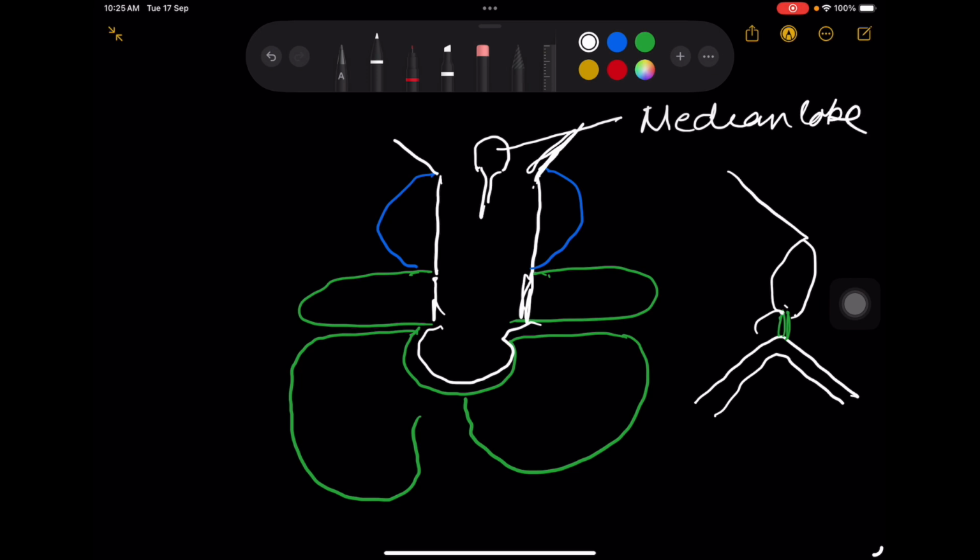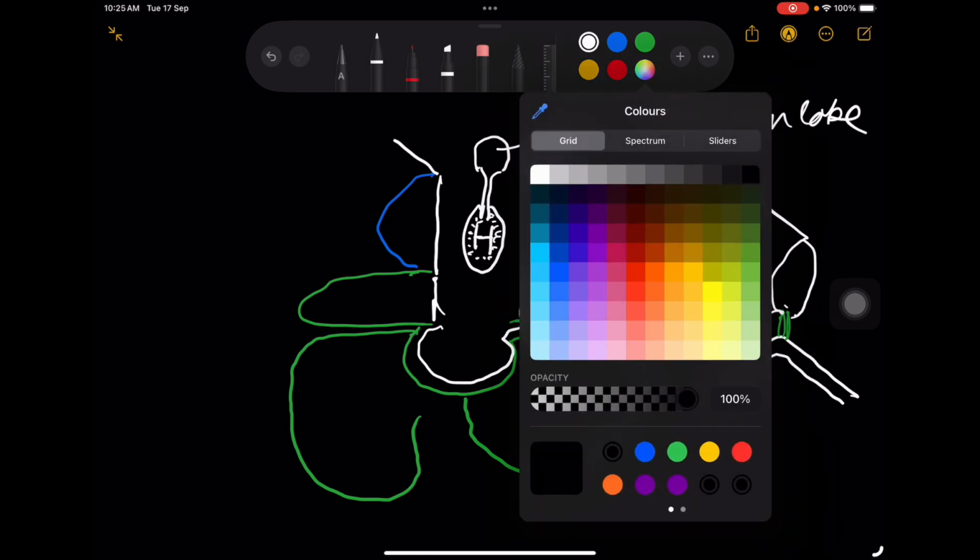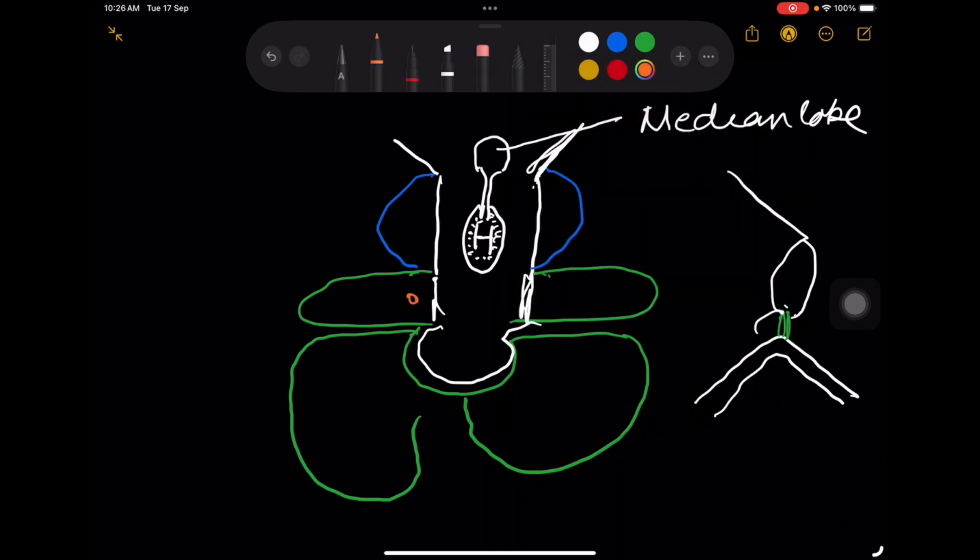Then there is a posterior urethral crest, and there is a verumontanum on which there is a utriculus masculinus, and there are openings of the prostate gland here. The membranous urethra is surrounded by the external sphincter, which is supplied by the pudendal nerve.